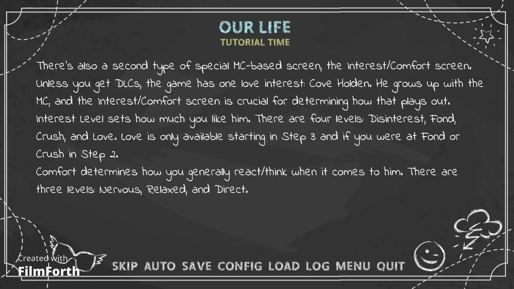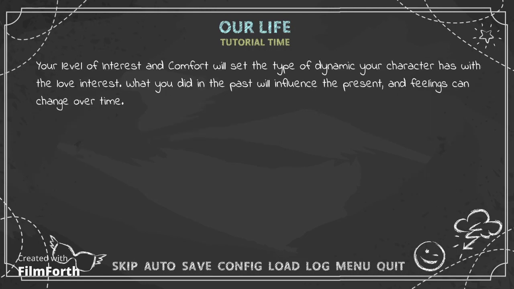Comfort determines how you generally think when it comes to him. There are 3 levels: nervous, relaxed, and direct. Your level of interest and comfort will set the type of dynamic your character has with the love interest.